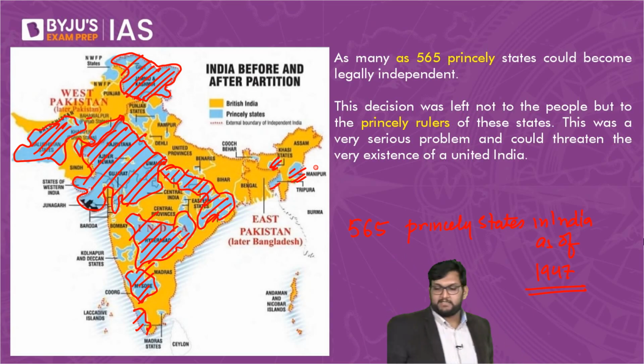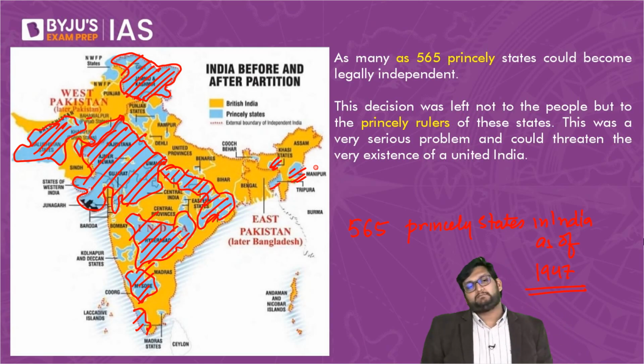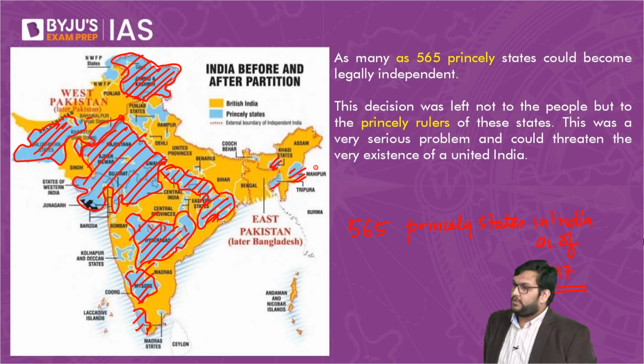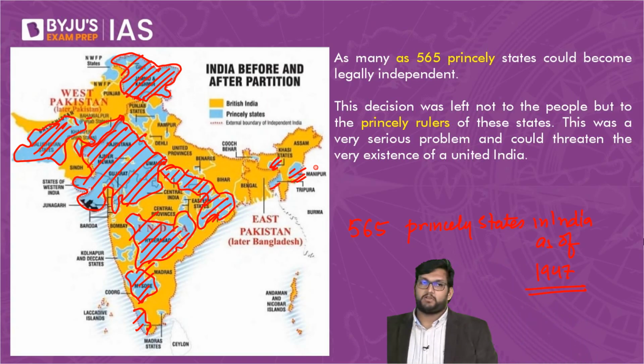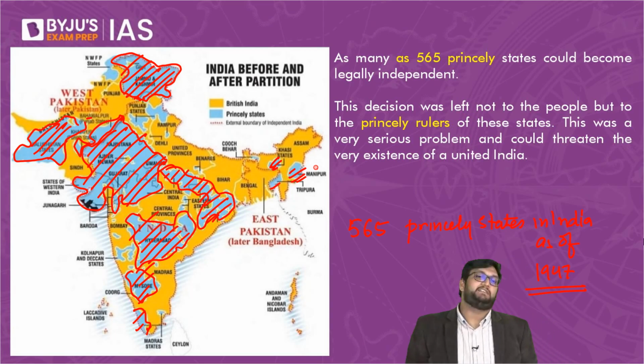The president is Rajendra Prasad, the prime minister is Nehru. Have an option which is either be part of India or be part of Pakistan or be independent. Now I need to discuss with you, where does this concept of princely state come through and why are they given the concept of leaving India or remaining as a separate country itself.